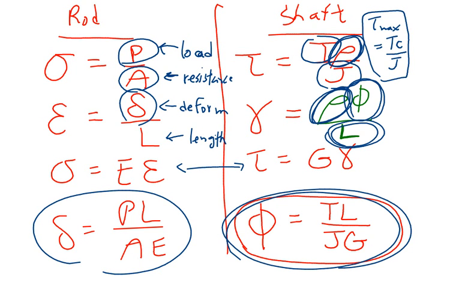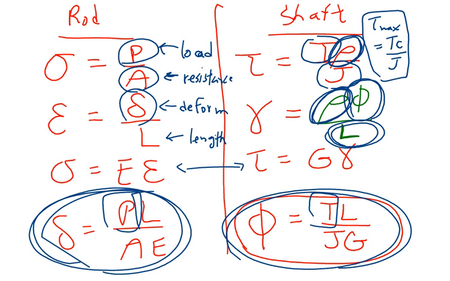And just for the heck of it, let's compare the two deformation equations. Our deformations are functions of load, that's P and T, function of length, the two L values, function of resistance, that's area and polar moment of inertia, and then function of material. As far as material properties go, we're going to use Young's modulus for tension compression and the shear modulus for shear.